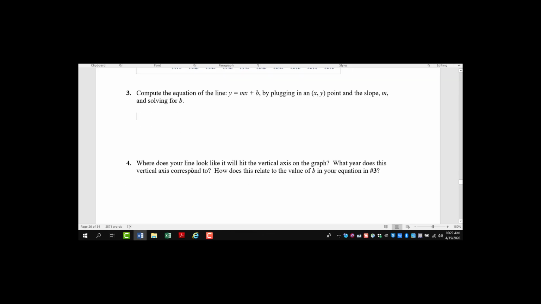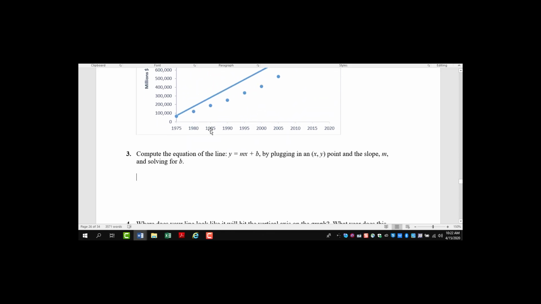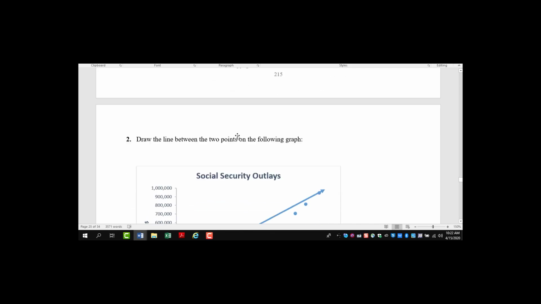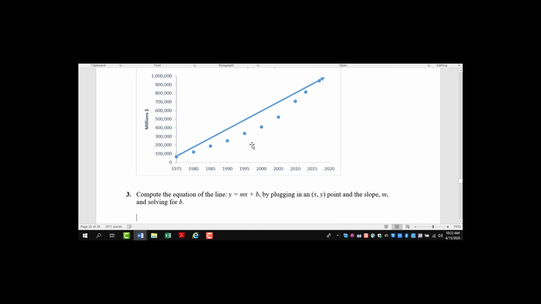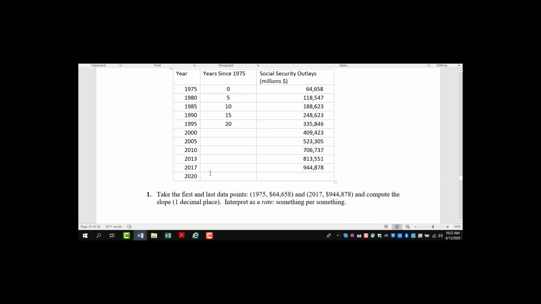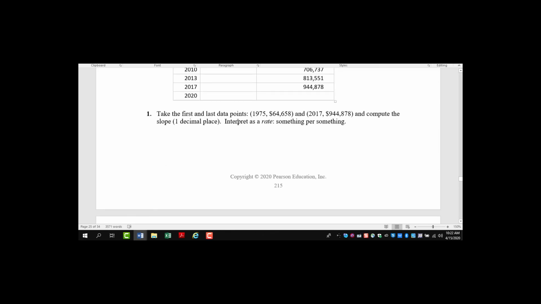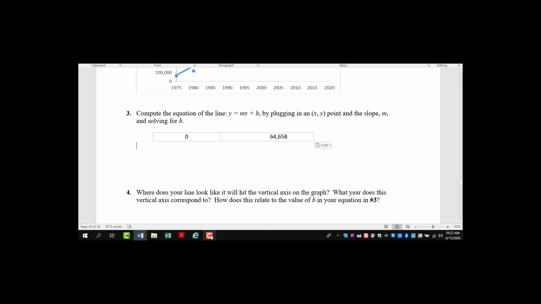Okay, so now how do we do this? Well, the first thing we're going to do is find the slope, but the slope's going to be the same as we just found up there. But let's redo the slope. So I have the data set here. We're going to take that, and I'm going to take the other one.